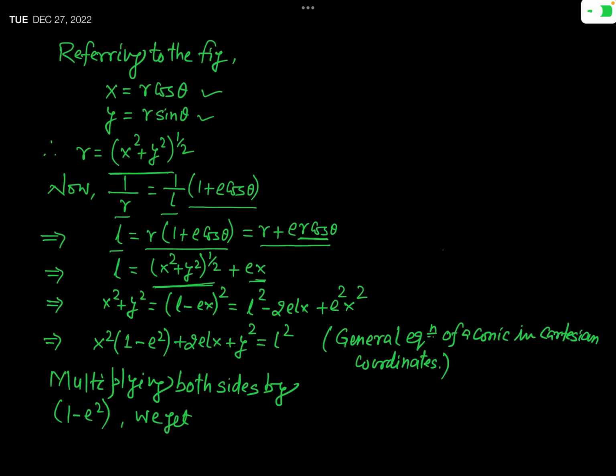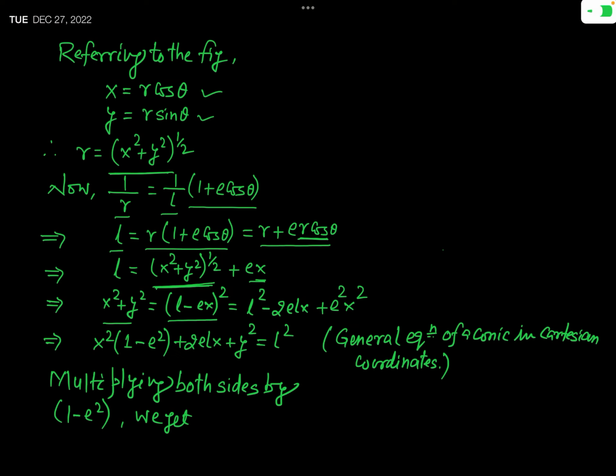Now there will be a lot of algebra to reduce this equation to the standard form of the equation of an ellipse, so let us do it. If we take x square plus y square to the power half equal to L minus ex, then after squaring we get x square plus y square equal to L minus ex whole square.